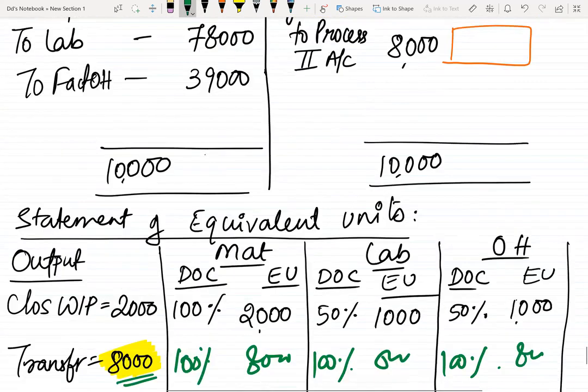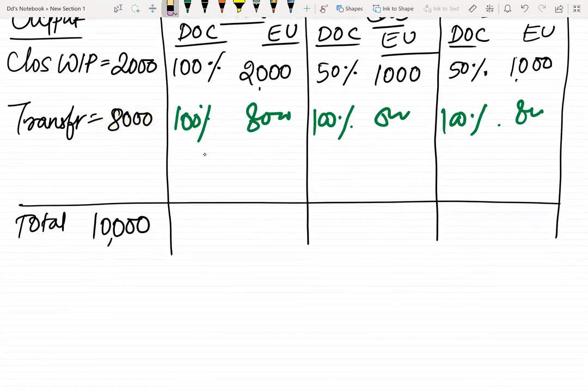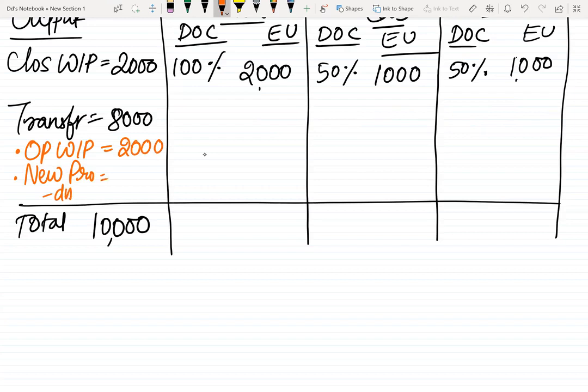Right here, when you are transferring 8000 units, do you think you started producing 8000 in the current period and you completed that production and then you transferred? No, no. Out of this you will have 2000 units coming from opening WIP and then the balance will be new production. You tell me, if 2000 came from opening WIP, that means new production will be 6000 units.